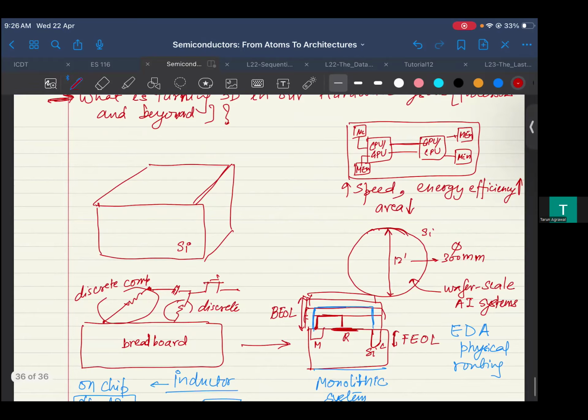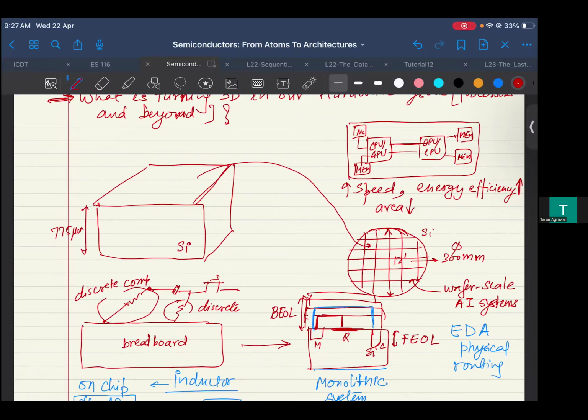Now let's go back to our silicon. We already talked about that this was about 775 micron, and this is one part of the die. This small square is what you see when you divide this wafer into multiple dies. This is just one piece of that, which is what we are drawing here.